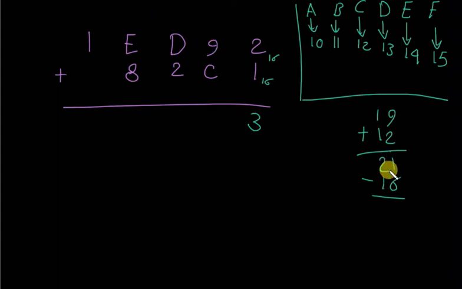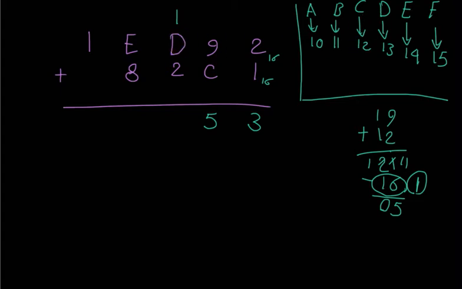So right now, 21 minus 16 is 5, and we have a carryover of 1 because we have one base 16 here. So we will put the 1 carryover here, and then we put 5 here. So this is how we add hexadecimal together.